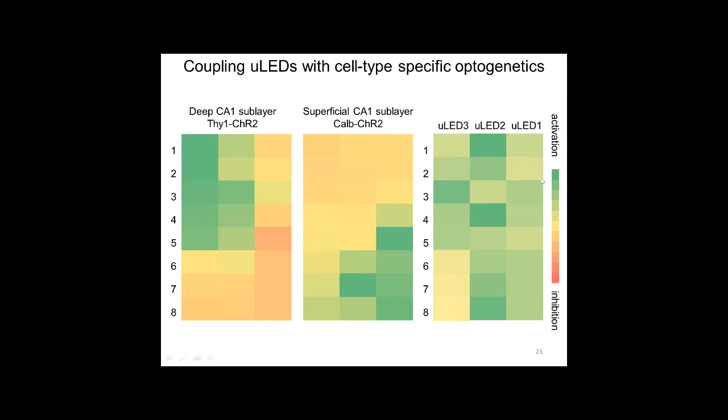You see green here is responses by the micro LED number 3, in the deep layers in the Thy1 context, and the opposite for the Calbindin animal, having more responses here by activating micro LED number 1 and 2, and having responses more in units that were located more deep. So, great tools.